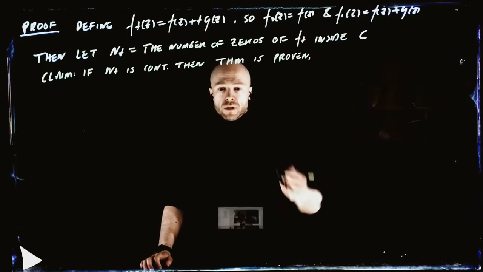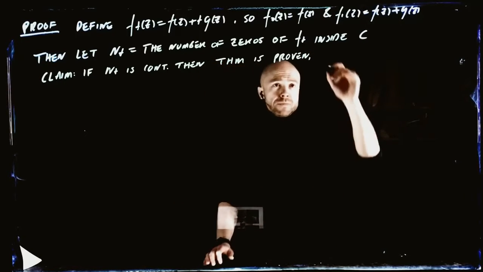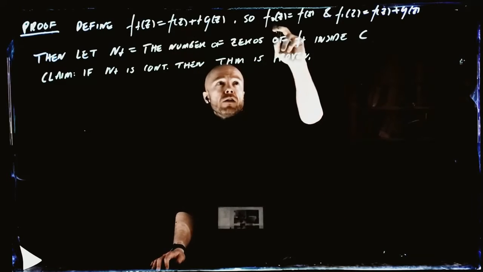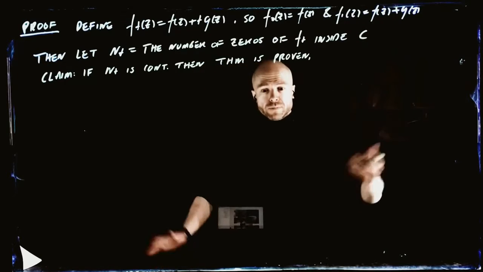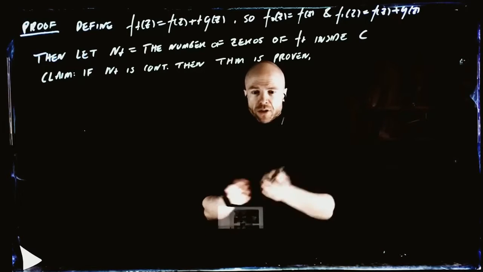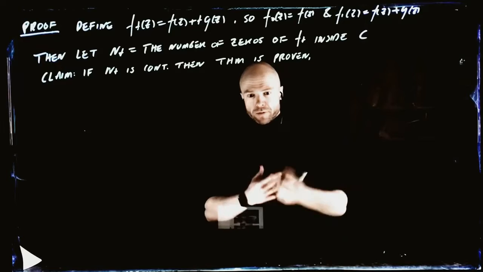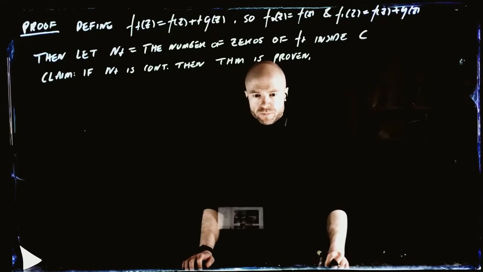Because if it's continuous, then whatever we are at 0, we have to be at 1, right? So if we have a continuous function into the integers, then it has to be constant, because if it's not, then we have a discontinuity.